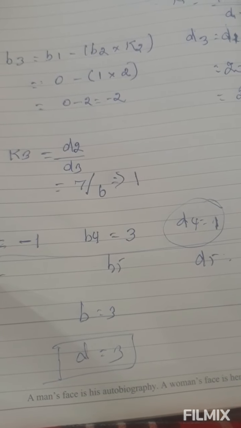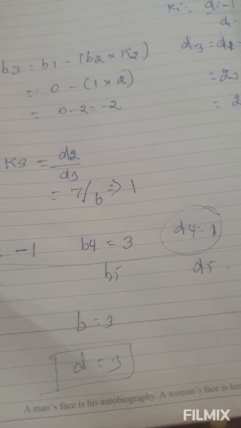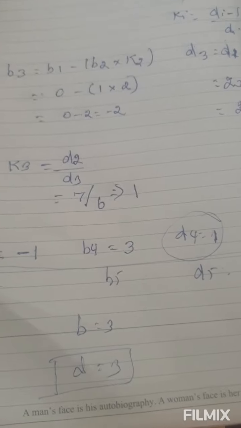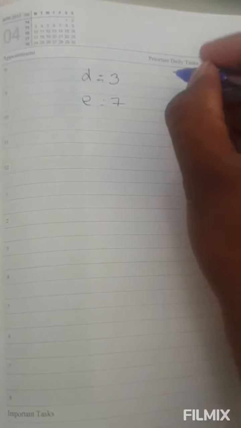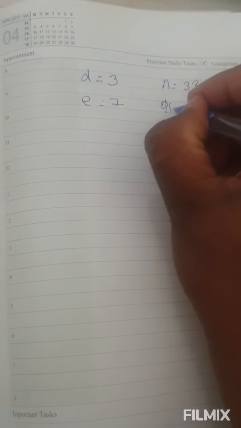Then if they are given the plain text, through these values we can calculate the ciphertext. So now we have D equal to 3 and E equal to 7, n equal to 33, and phi of n equal to 20.